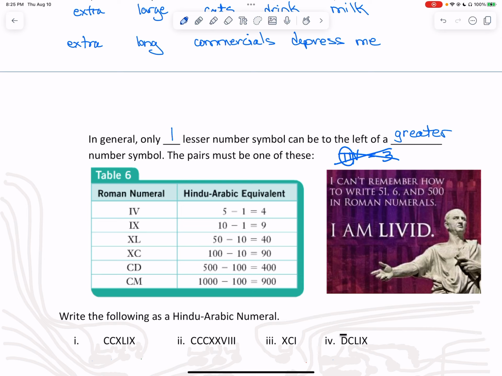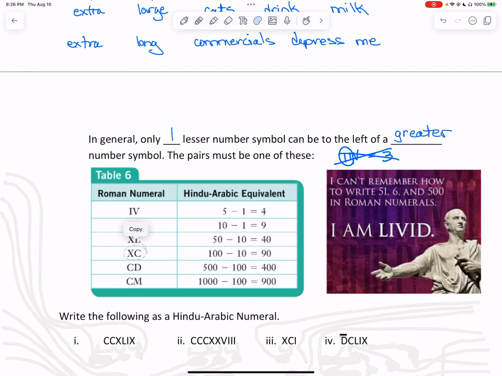So these are some that you're going to want to memorize, okay? Again, some of these you're going to know. 4 and 9, you probably know, at least maybe 4 already. But this one, extra large, the XL, that X is 10 and the L is 50. So the 10 is less than 50, so we're going to subtract. So that's 40.